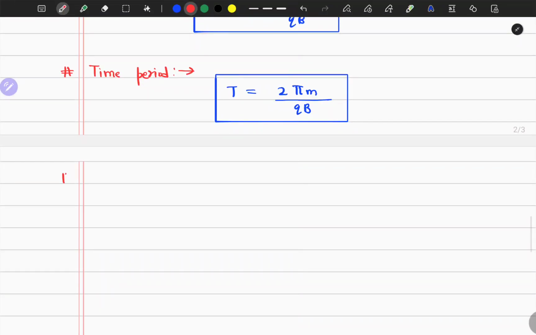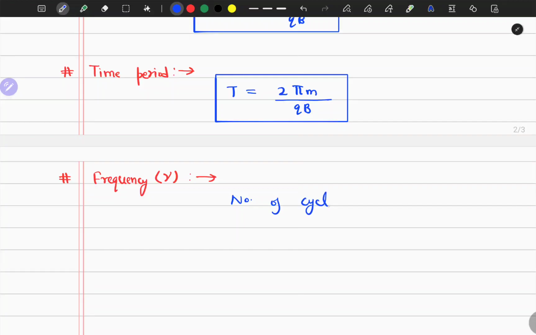So now we will talk about frequency, denoted by nu. What is frequency? Reciprocal of time period, we all know about it, but how will you define frequency?